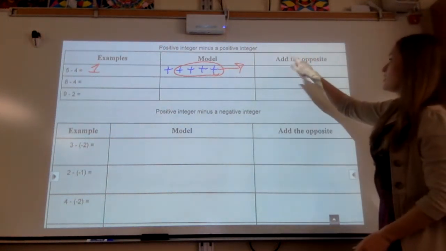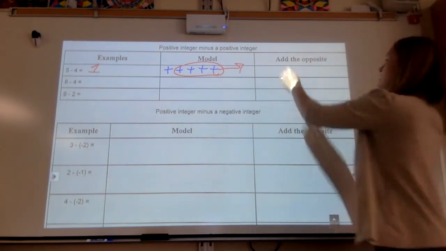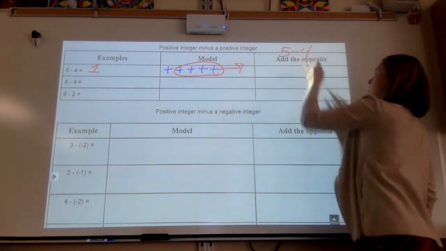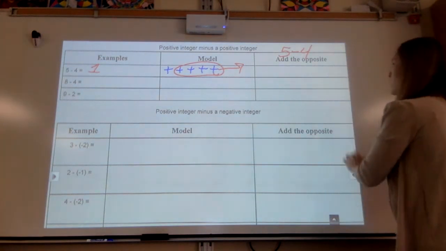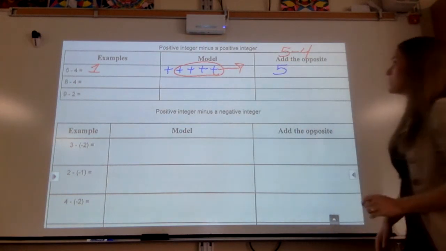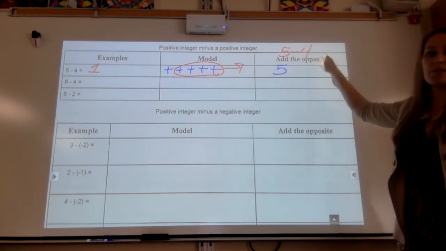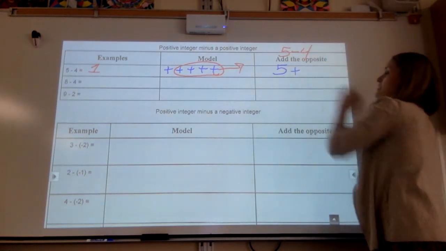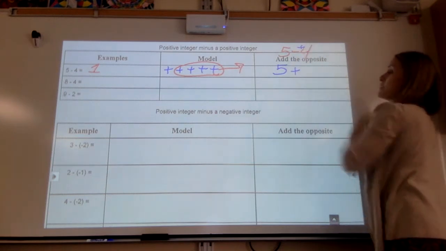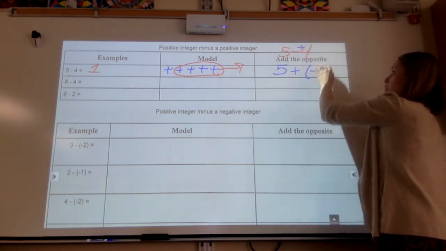Well, there's an idea called adding the opposite. That means that you're taking your subtraction expression and you're keeping the first number the same, and instead of subtraction, we're going to change it to adding the opposite. So our subtraction sign becomes a plus sign, and this positive 4 becomes a negative 4.